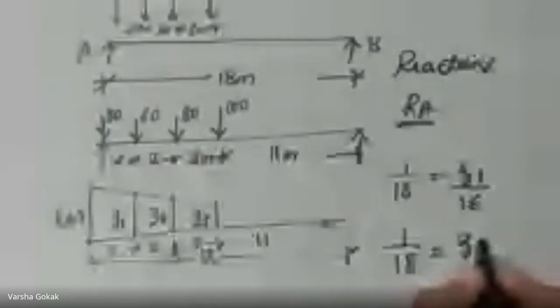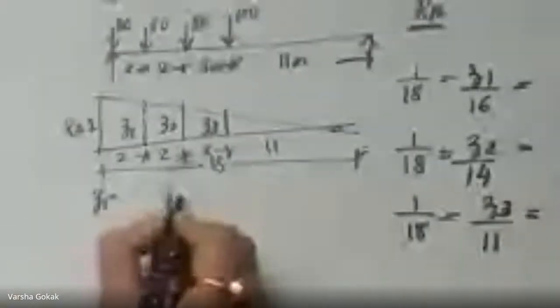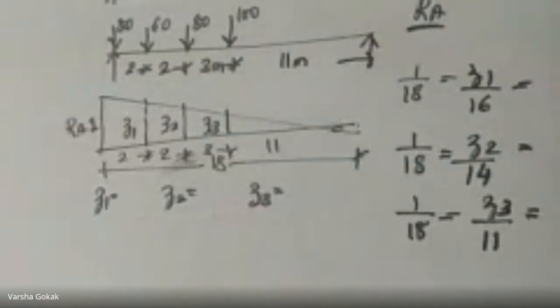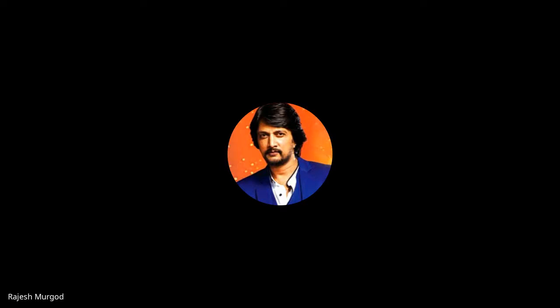Again, the values of Z1, Z2, Z3: Z1 is 0.88.